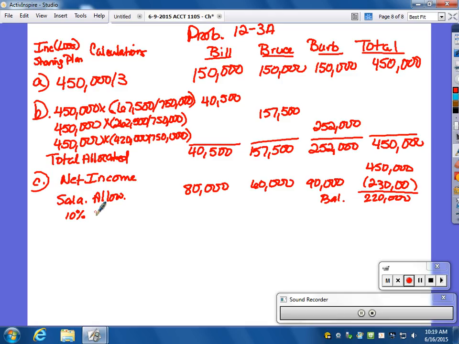So initial investments, I could just pull them from up here: 67,500 for Bill, 10% times 262,500 for Bruce, and 10% times 420,000 for Barb.